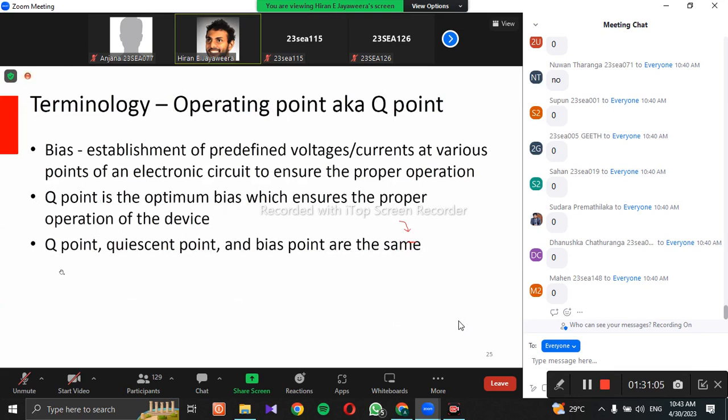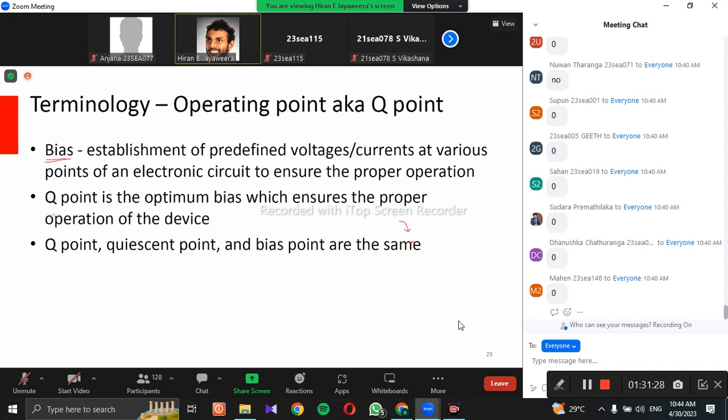Right. So a few terminologies coming again. The bias, we discussed this already. It's supplying some voltage or current to different points of the circuit. Right. So if it is a diode and we apply voltage with a certain polarity, we call it forward bias. But if it is in the other polarity, it's called reverse bias.